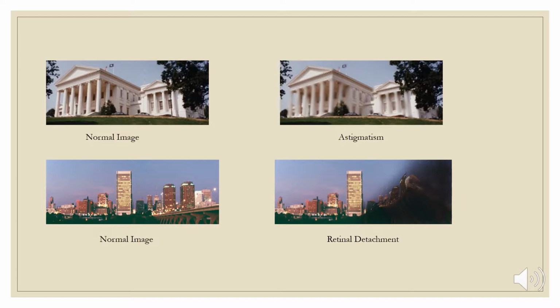These images are a simulation of astigmatism and retinal detachment. They are compared to normal images of what a person with 20/20 might see. Astigmatism is a common imperfection in the eye where the front surface of the cornea is curved. When light comes into the eye, the curvature reflects the light, causing blurry vision and nighttime streaks.